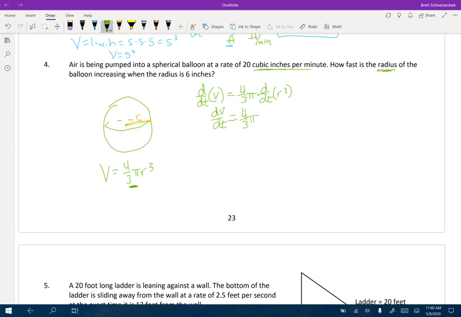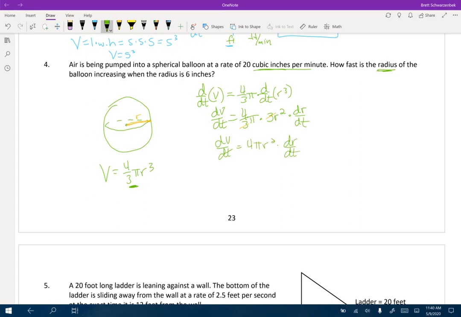The derivative with respect to t of r cubed means that we find the derivative of r cubed as if it was a t, but then multiply by the derivative of that variable r with respect to time. The only thing left is to simplify. The 3's cancel, so we end up with 4 pi r squared times dr/dt.